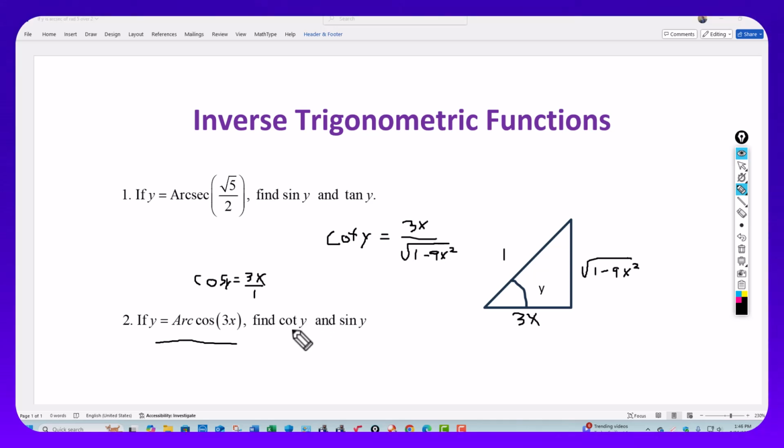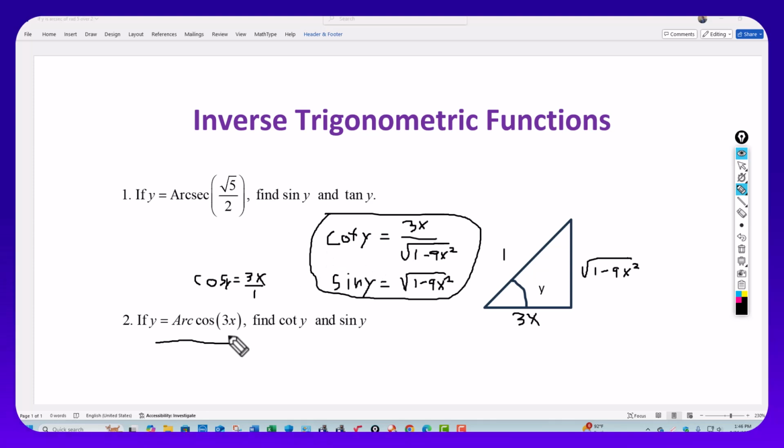That's the cotangent. And for the sine of y, it's the opposite over the hypotenuse. So it'd be the square root of 1 minus 9x squared over 1, which would just give me the square root of 1 minus 9x squared. These are the two answers for problem number 2.